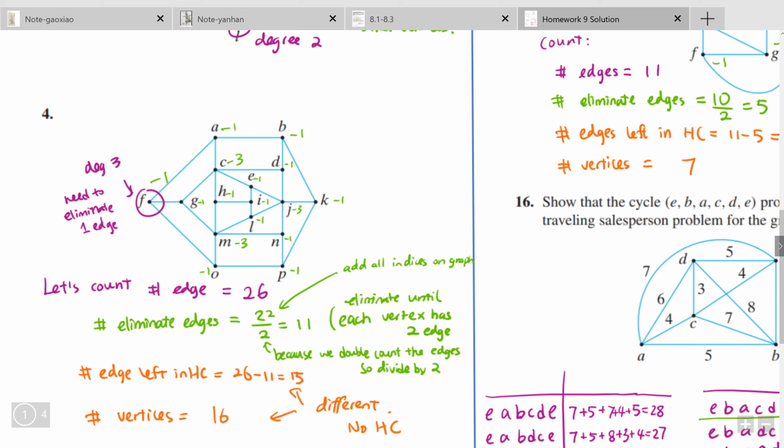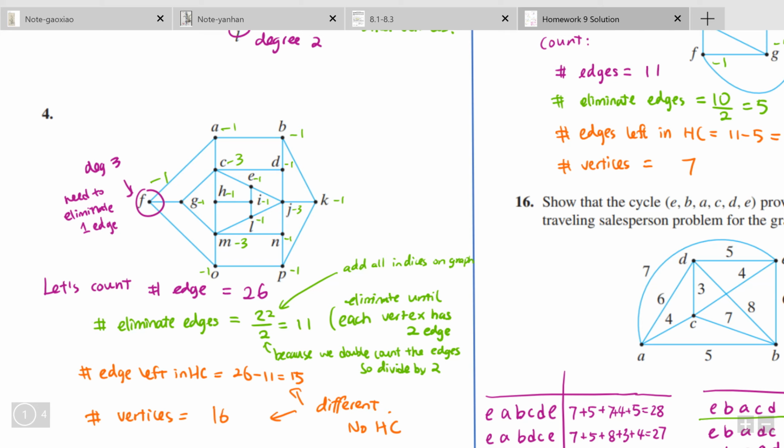So the number of eliminating edges equals 11. The number of edges left in the Hamiltonian cycle equals 26 minus 11, which is 15. And the number of vertices here is 16. Because the number of edges left is not the same as the number of vertices, there's no Hamiltonian cycle. If we have a Hamiltonian cycle, the number of vertices must equal the number of edges in the Hamiltonian cycle.